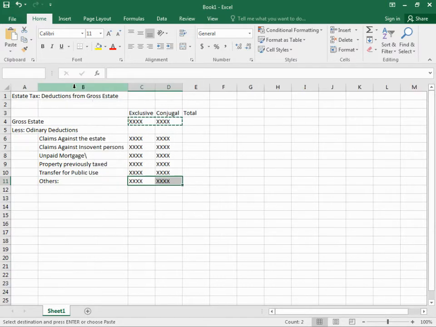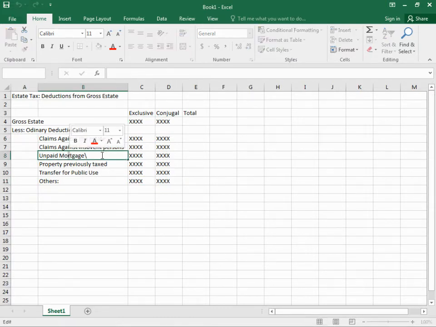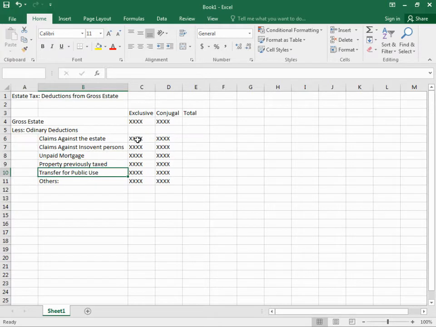Okay? So kapag nakuha na natin yung ordinary deductions, we will have our estate after deductions.